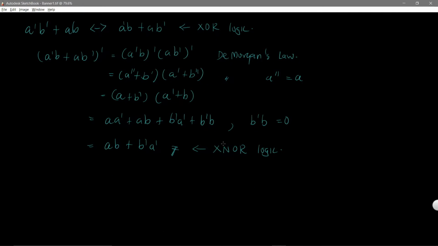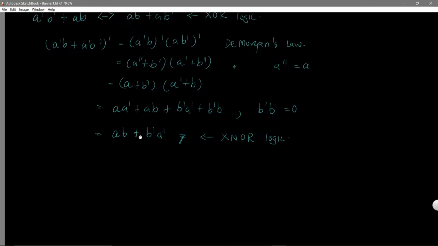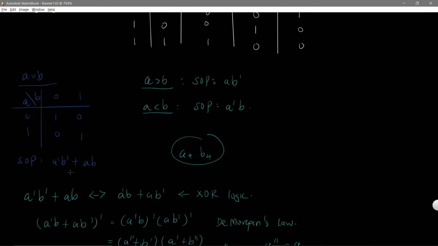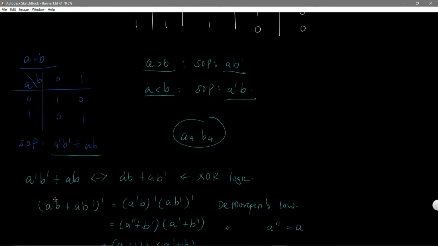Alright, so we need a method to design the circuit for this exclusive NOT OR logic. Of course, this is preferable, but we want a unit of this circuit at the same time to give us this, and this. So obviously we need to start from this expression, right?